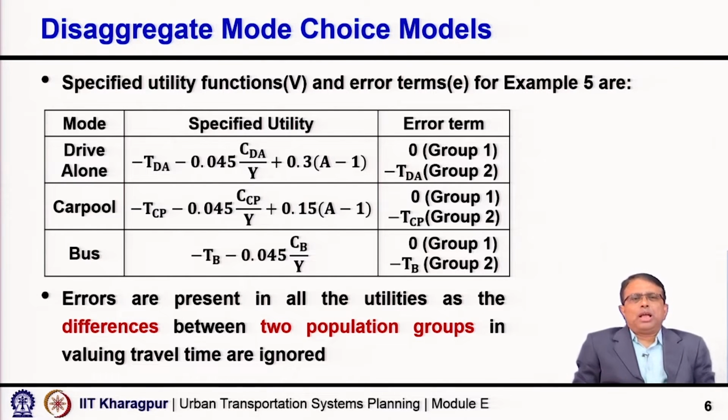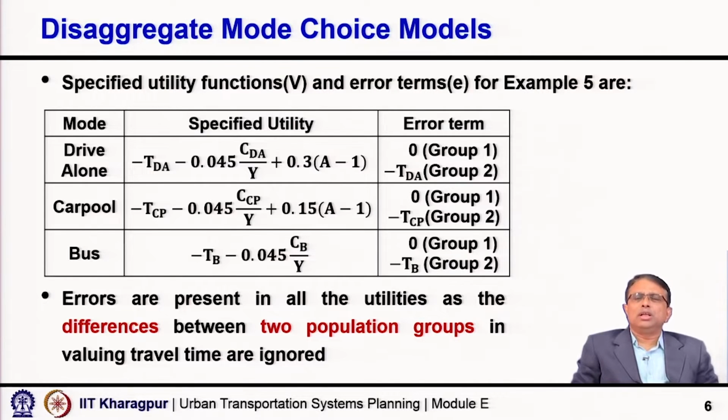Now, we also took another example which is example 5, and there we said that person to person there may be different weightage to the travel time. The disutility due to travel time may not be the same for every individual. So, in that example we considered two groups of individuals, you can consider them as two income groups.